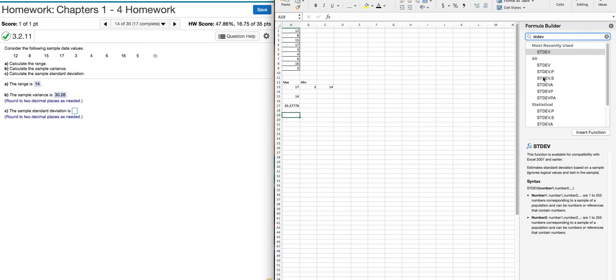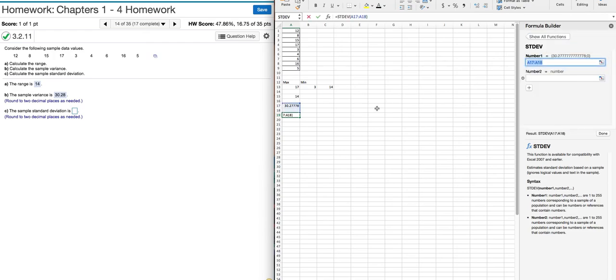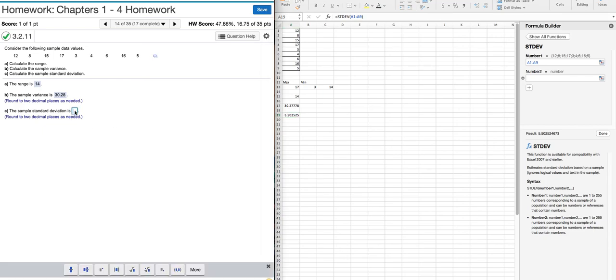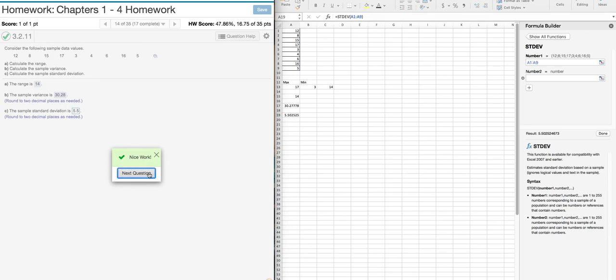So either one of these would work. But I will just use the STDEV, kind of typically the default. And again, we've got to correct the range of cells here. And then we come back with 5.50. Now, being that there's a 0 as a second decimal place, we can just do 5.5, and that will accept that answer as correct as well.